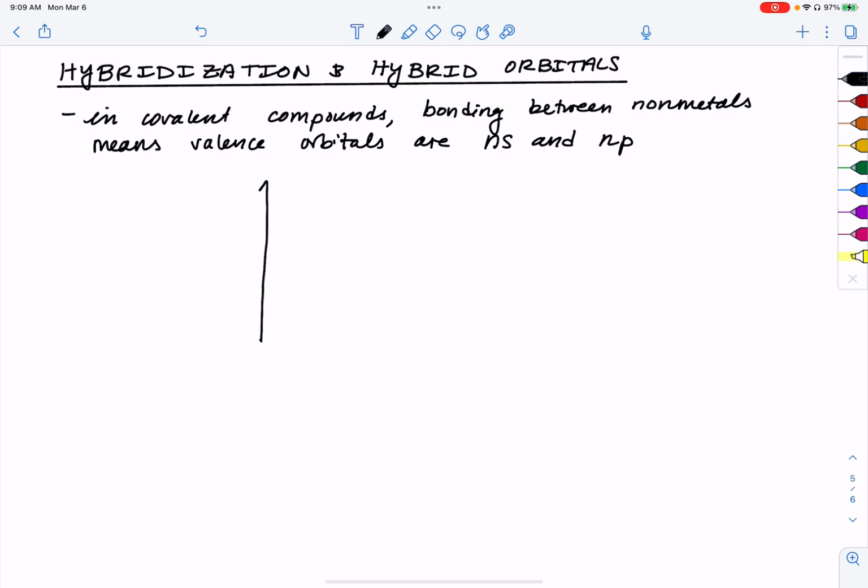So regardless of what kind of nonmetal I'm looking at, according to Aufbau, if I were to draw my energy or orbital box diagram, I would always have my s orbital slightly lower in energy compared to my p orbitals, of which there are 3.